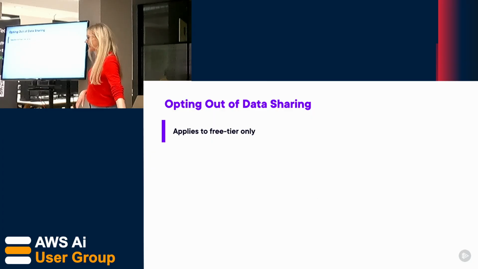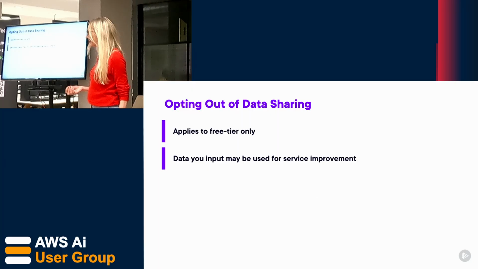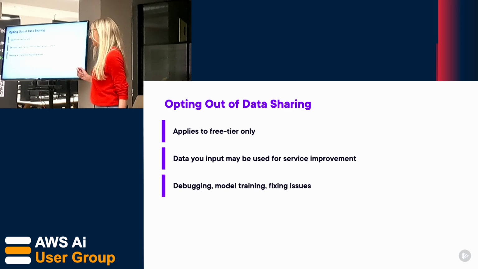Of course, you will need to opt out of data sharing if you're using the free tier. When you use the free tier on anything, of course, you have to be careful about how your data is being used. Certainly within Kiro, by default, your data is used for improving the service and probably ending up in the models themselves.